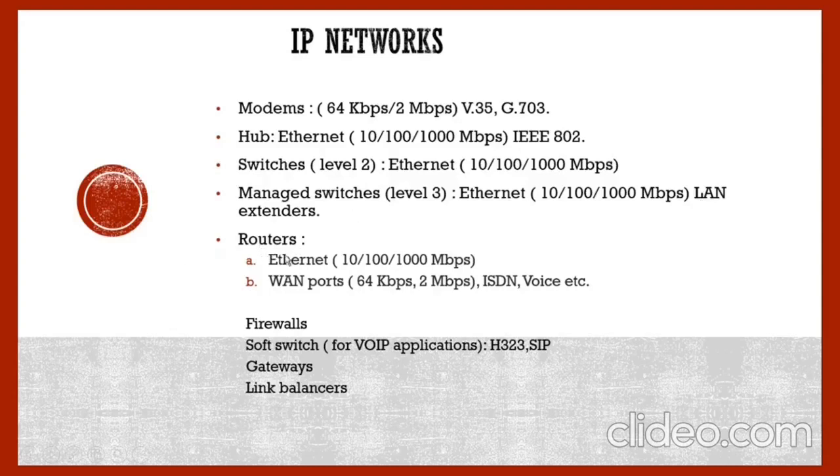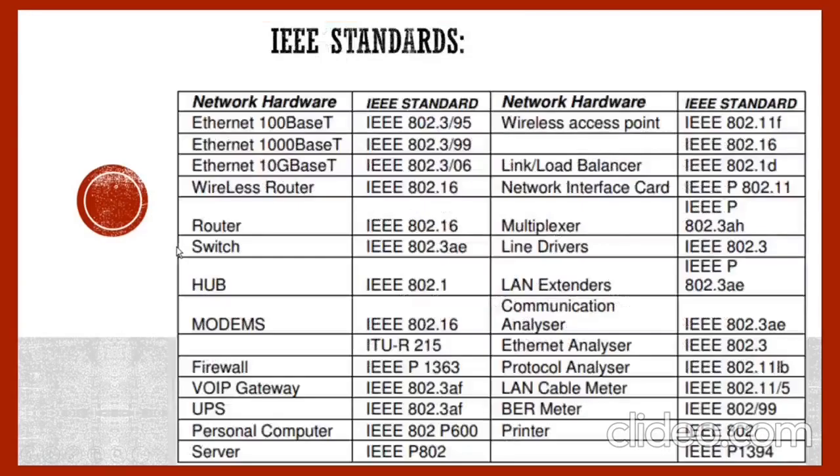Routers have ethernet first, and second is WAN port, ISDN, and voice, etc. Now let's go to this slide. Here you can see the different standards and network hardware according to what we just saw. And yeah, that's pretty much it.